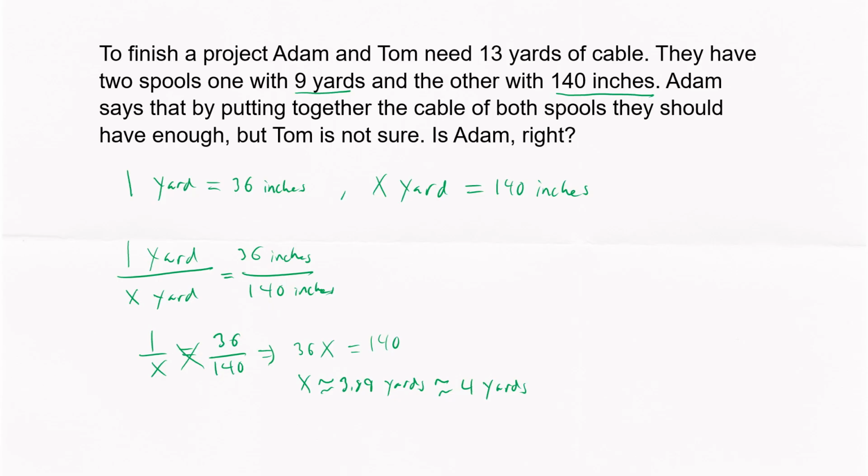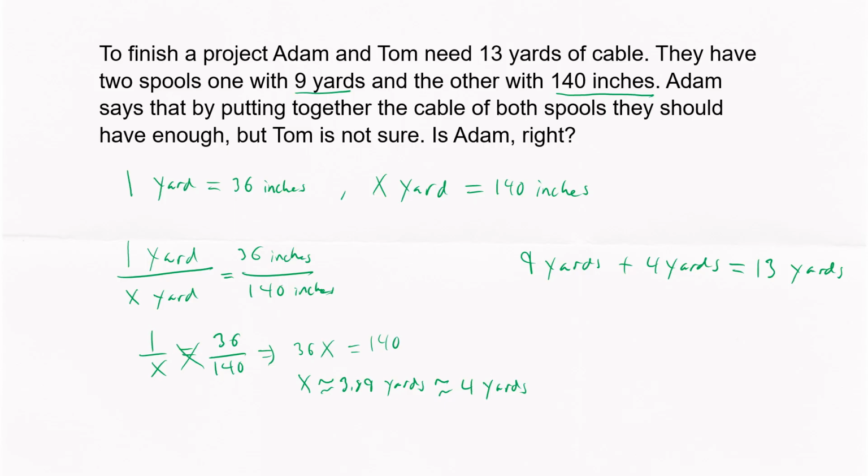So he said, okay, if we put them together, we take the 9 yards from the first spool and add the 4 yards of the second spool that we just found, that gives 13 yards, which is what's needed to finish the project. However, this is not the correct logic on Adam's part, because he rounded up. When he rounded up, he basically said that he's using more yards of the spool than what's available.